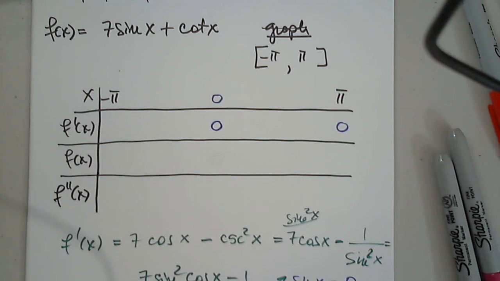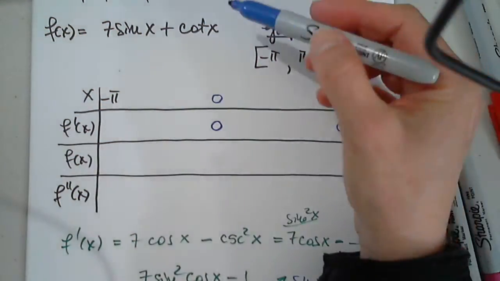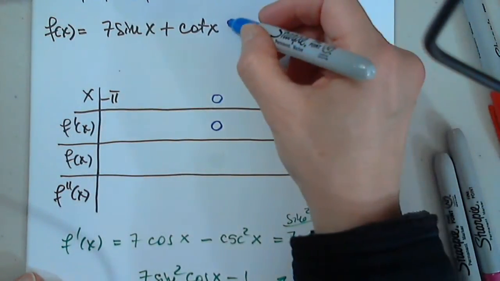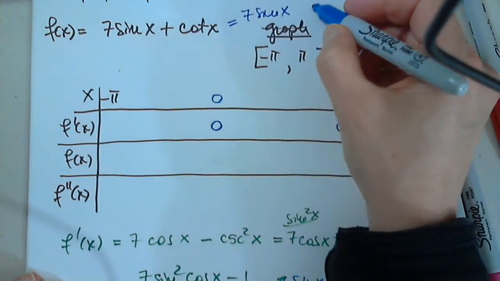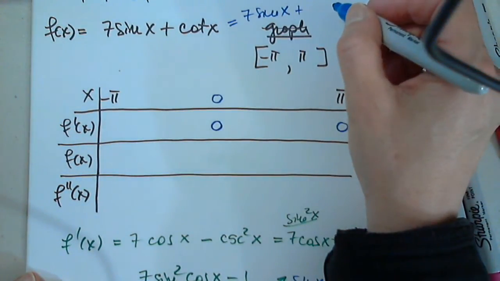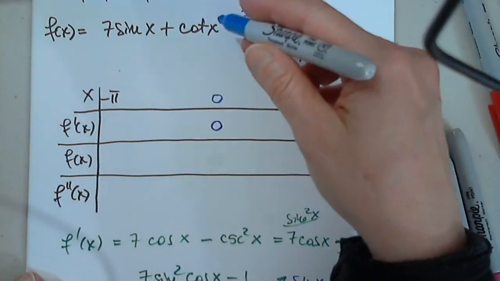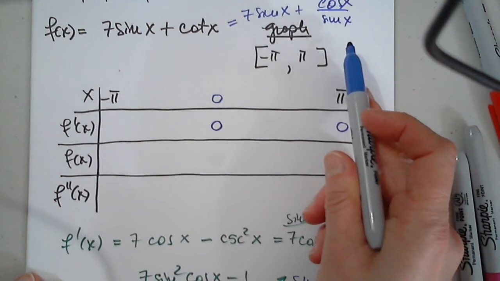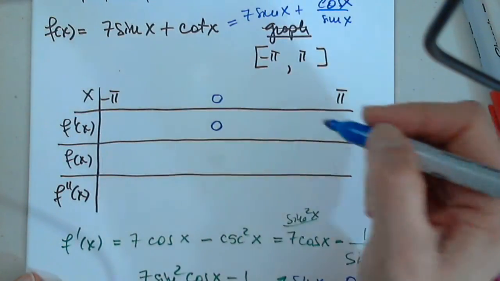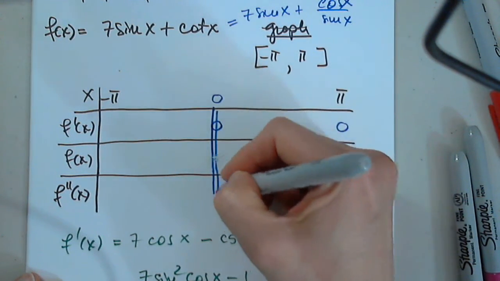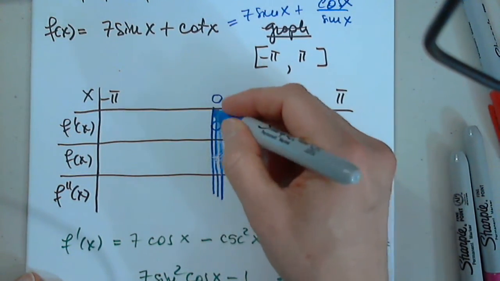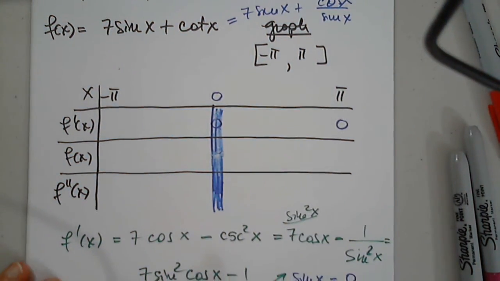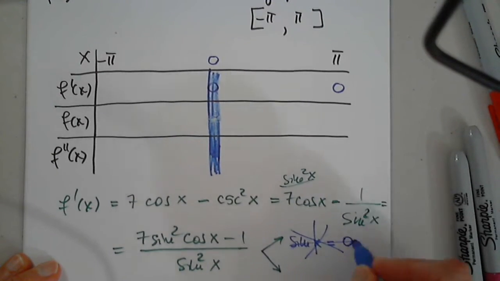Also, we look at the fact that this is 1 over sine, right? I should have done that from the very beginning. 7 sine x plus cotangent, which is cosine over sine. So then sine x is 0, the function doesn't exist, its derivative does not exist.